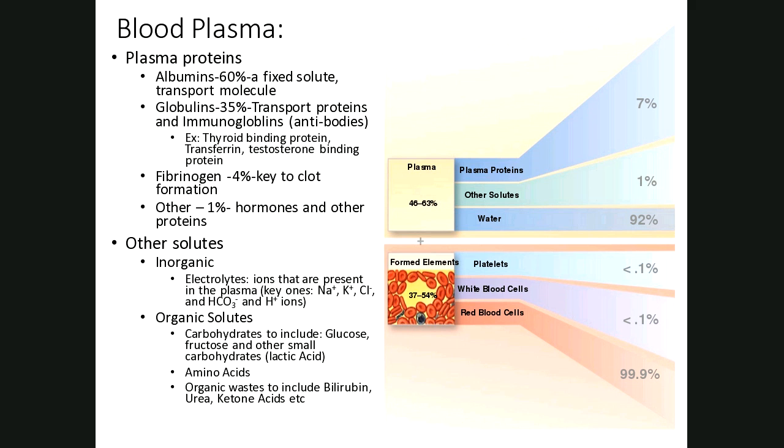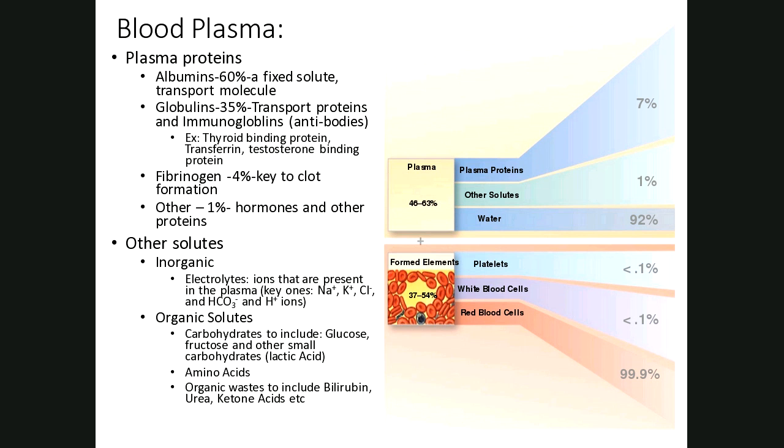So when blood passes through capillaries and water leaks out, the osmotic pressure will pull some of that water back into the blood supply, so that our blood doesn't become more viscous every time it passes through capillaries. Albumin helps with that.